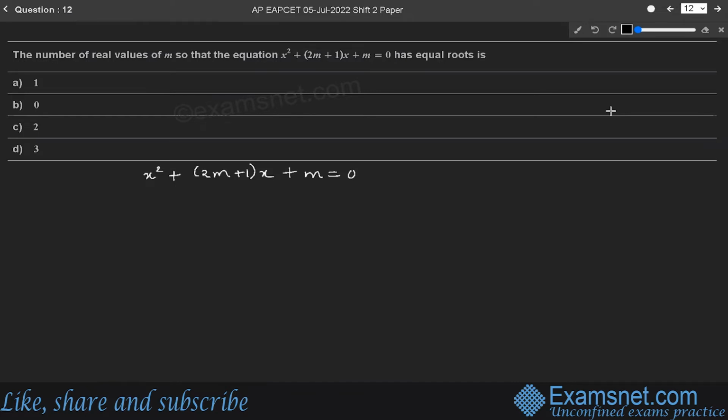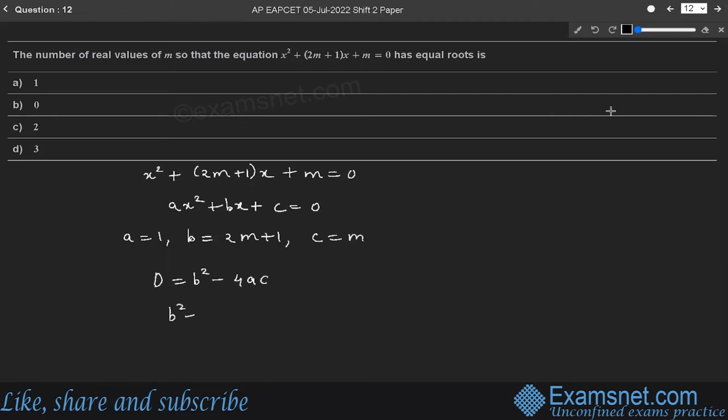Equation is given here. We know that the standard quadratic equation is ax² + bx + c = 0. On comparing both the equations, a is equal to 1, b is equal to 2m + 1 and c is equal to m. Now, let us calculate the discriminant. We know that discriminant is b² − 4ac.